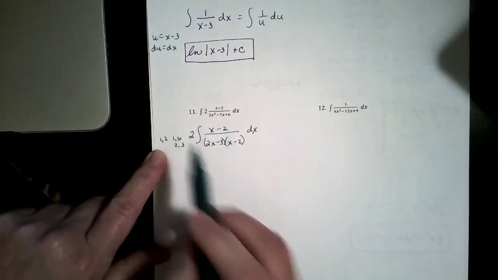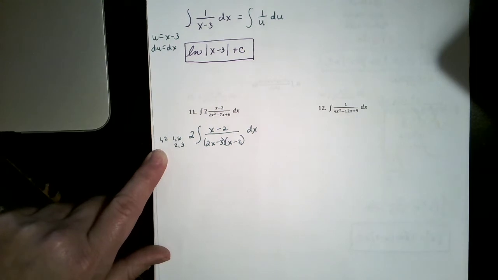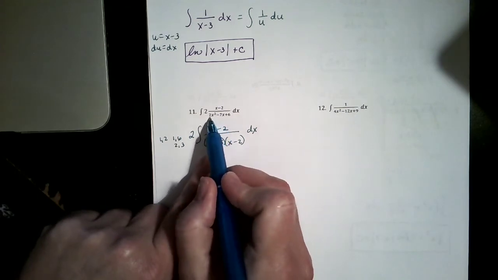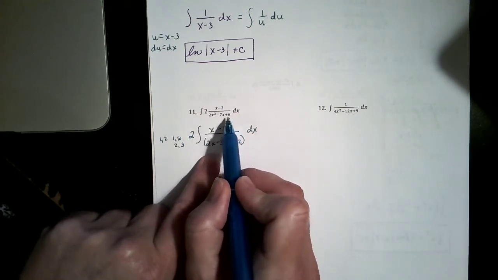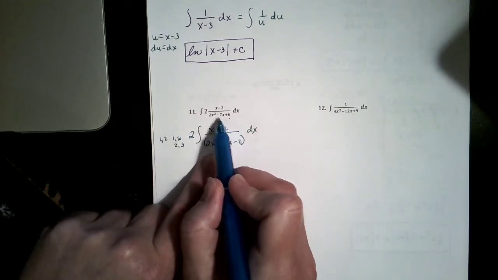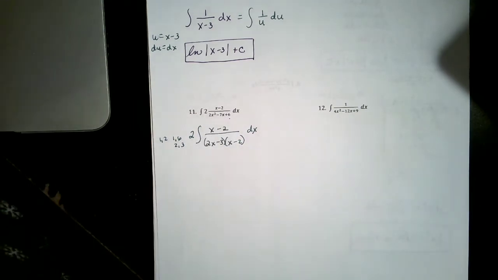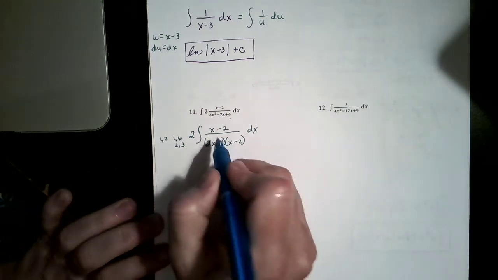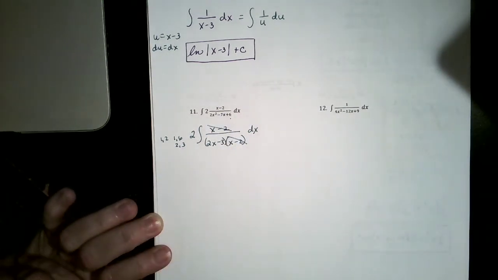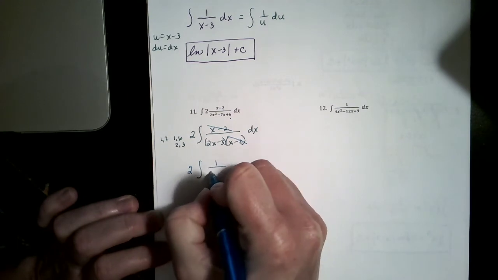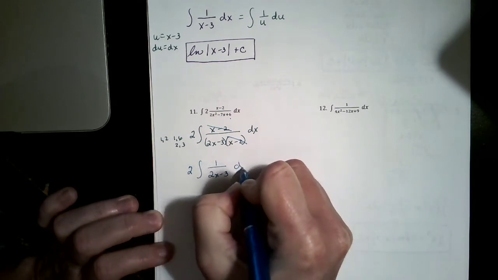You don't know what any of that means because I don't think any of your math teachers in high school have ever shown you that, but it's basically a guess and check method. But you guys probably did 2 times 6, got 12, and knew that negative 3 and negative 4 add to negative 7 and multiply to positive 12, and then you did factoring by grouping or whatever. The x minus 2's cancel. We get 2 times the integral of 1 over 2x minus 3 dx.